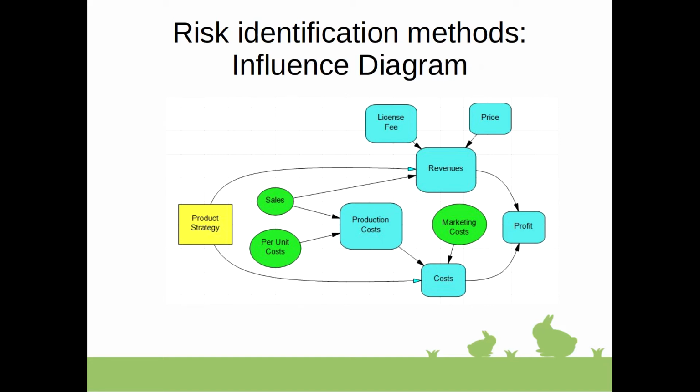Influence diagram is used to represent a summary of information of a decision tree. So first you identify the decisions that are made to reach your objective. Then you consider the risks and performance factors that may have an influence on achieving your objective.